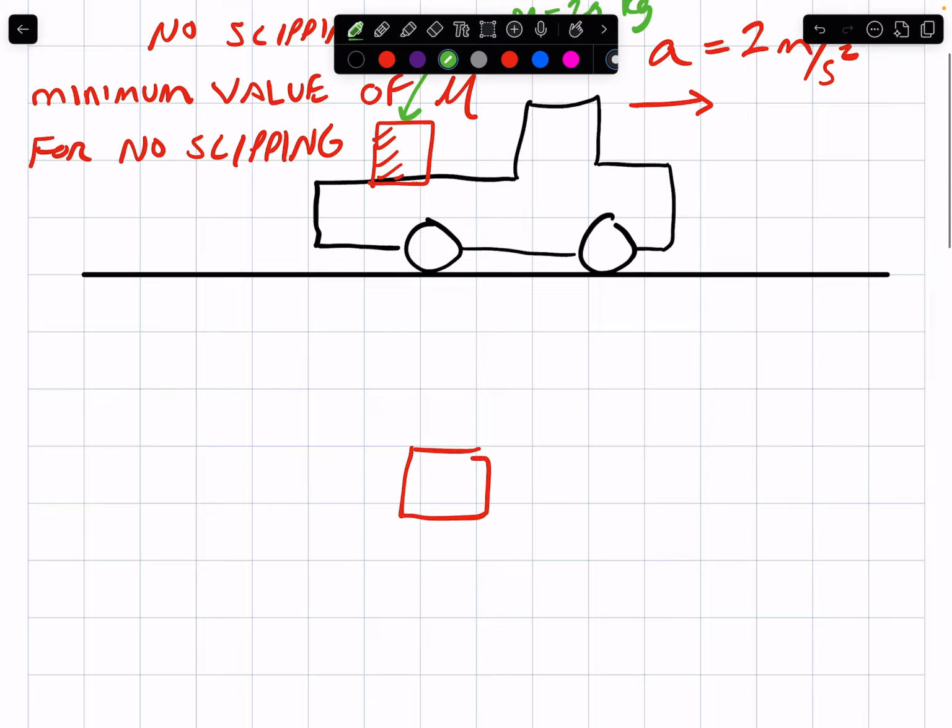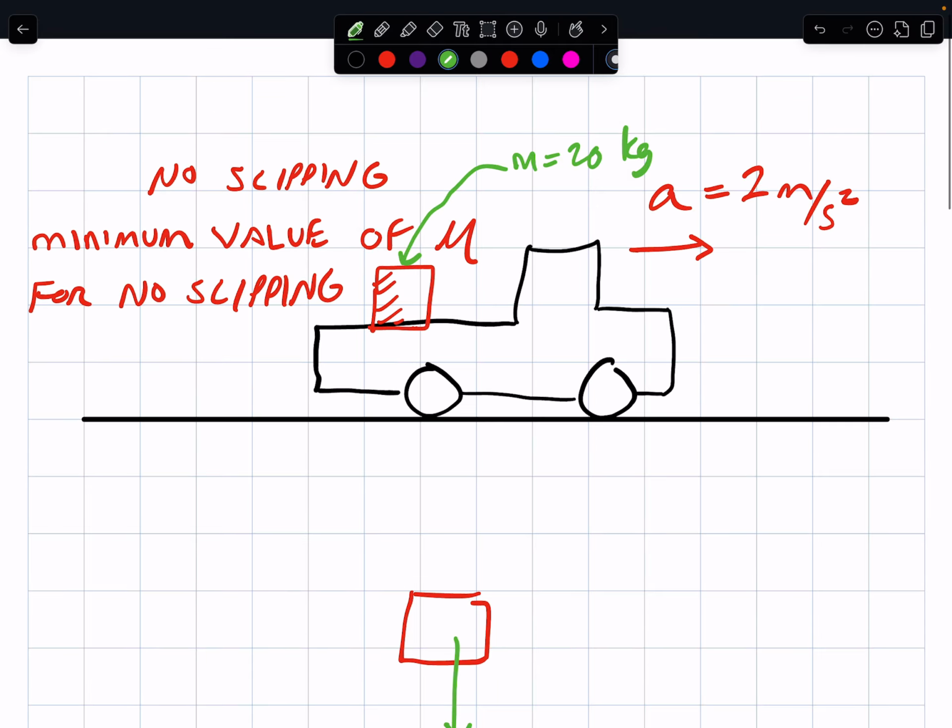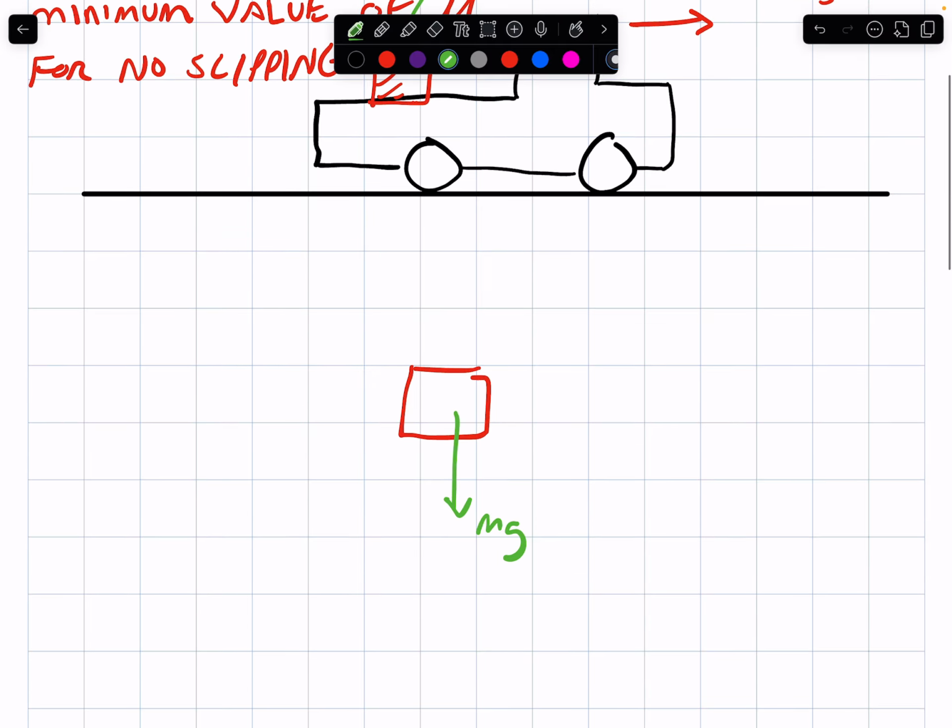The forces acting on it. Well, there's its weight. If the box has a mass of 20 kilograms, its weight is 200 newtons. And if the weight is 200 newtons, that means that the truck bed is pushing up on it with the same force. That's the normal force, which is 200 newtons.